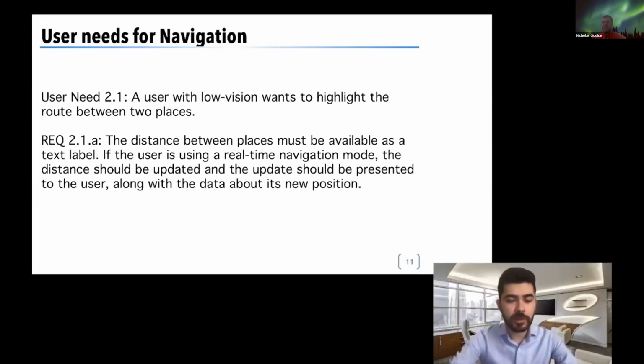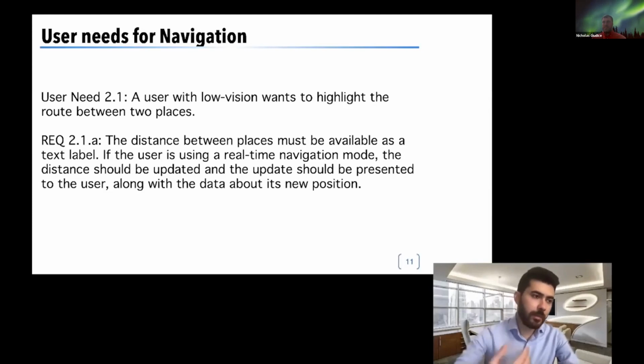This is very important because when a user wants to navigate towards a specific destination, one of the most important pieces of information that he or she needs is the distance. And so if the user is using a real-time navigation mode, that is very common.